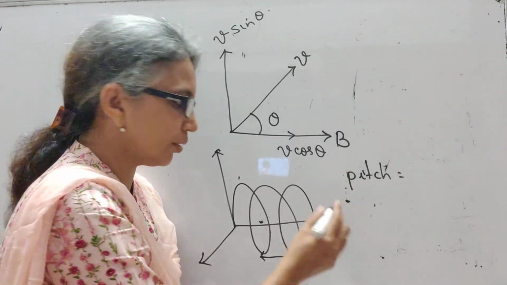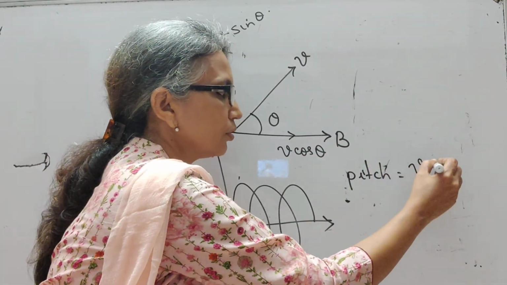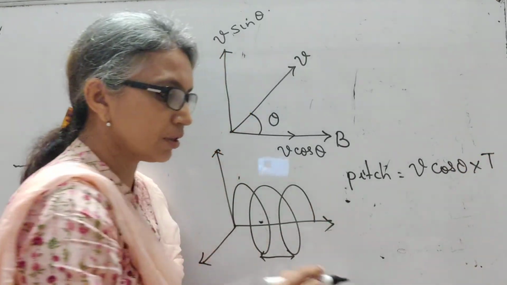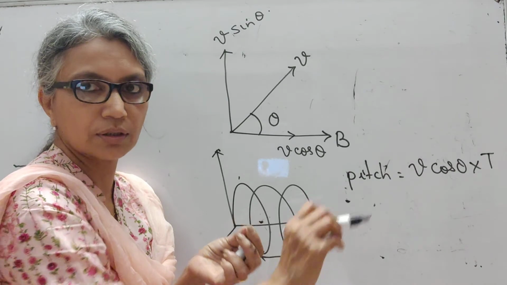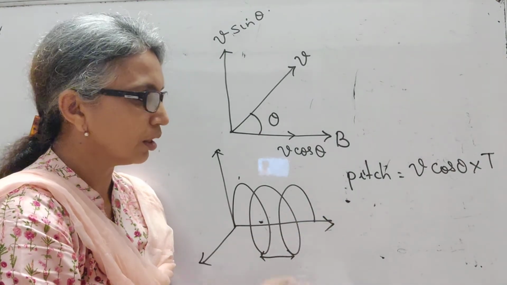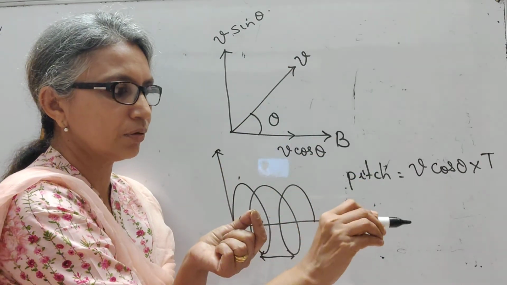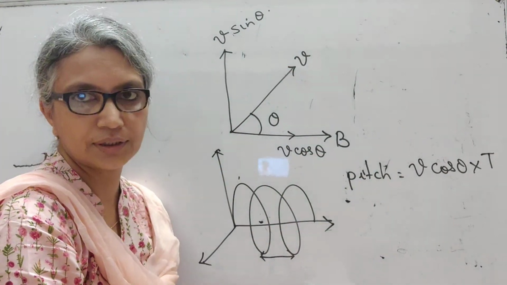Distance is velocity into time. The velocity with which it moves forward is V cos theta. So this will be V cos theta into the time period, because it takes one time period. The time taken for it to complete one circular motion is what you call time period. So pitch, the distance travelled forward by the particle when it completes one circular motion, is V cos theta into T.